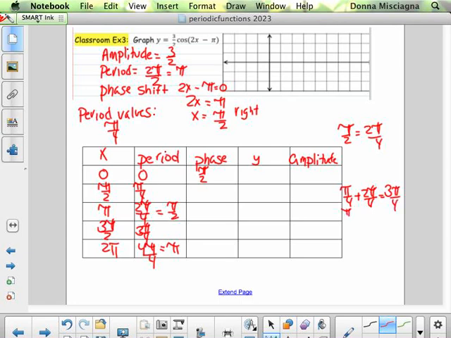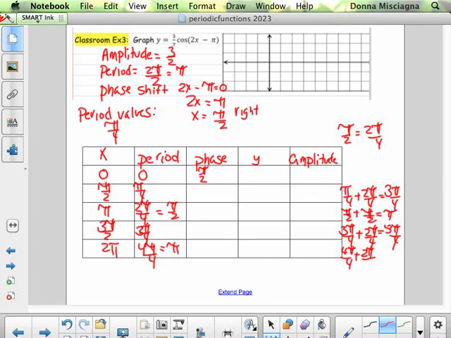And pi halves plus pi halves, 2 pi halves, means we have 1 pi. And then 3 pi fourths plus 2 pi fourths is 5 pi fourths. And then the last one is pi.